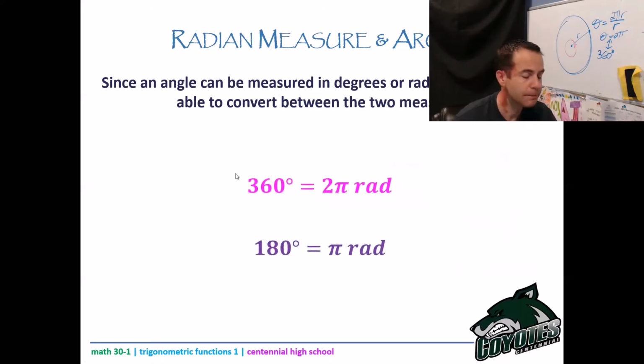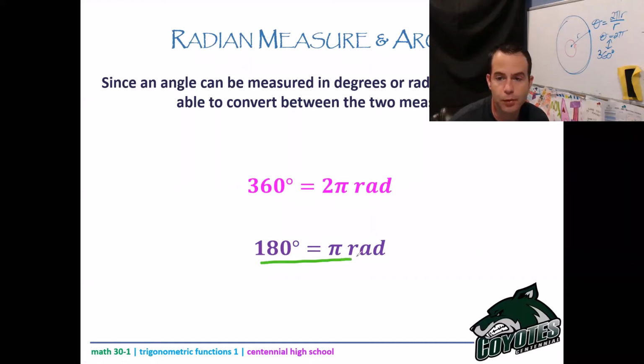Which means we now have a conversion factor: 360 degrees equals 2 pi radians. Or to make that simpler, because both of those are divisible by 2, we say 180 degrees equals pi radians. This is the conversion that you'll end up using most of the time.